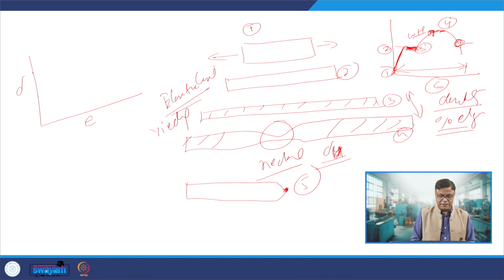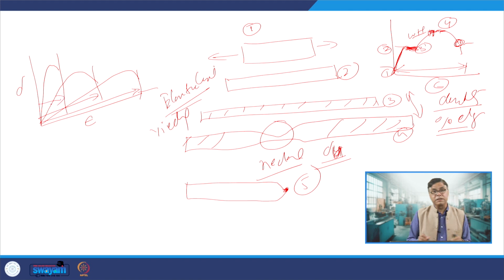It is possible that one metal deforms like this, another metal deforms like this, and a third metal deforms like this. So these are the different ways by which the deformation happens. Here the elongation is significant as compared to the other two metals. If the metal is subjected to only limited deformation prior to the fracture, that indicates it cannot be deformed plastically much, otherwise it will crack and fail.